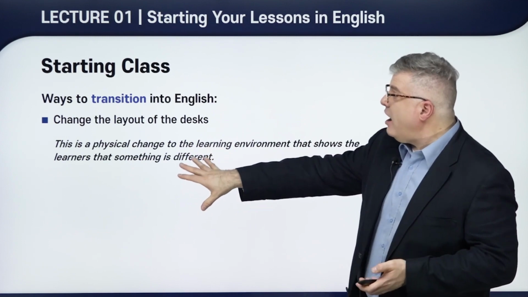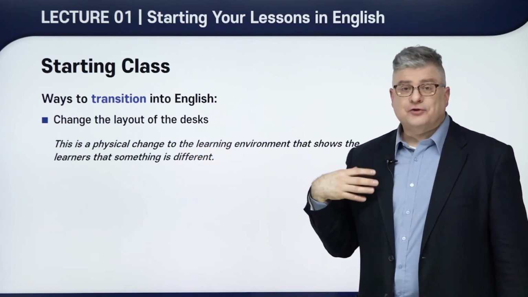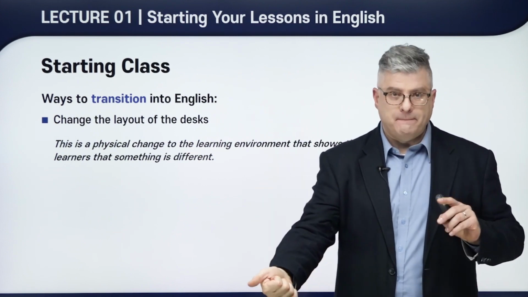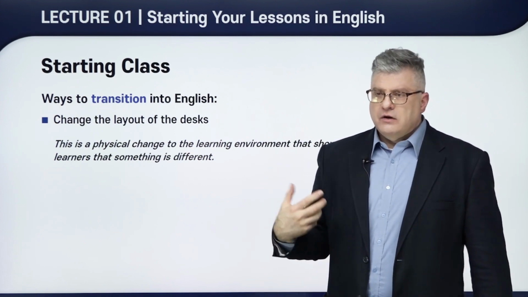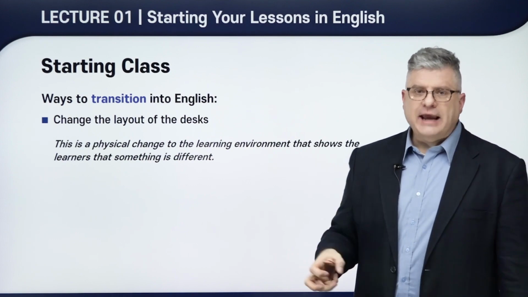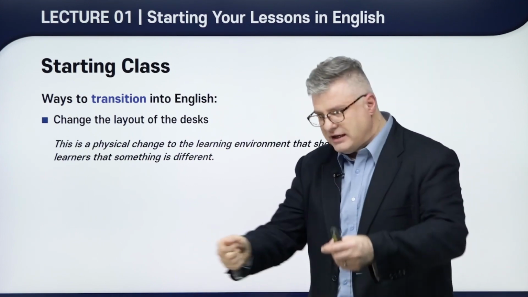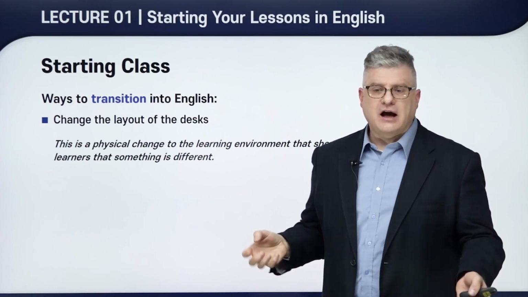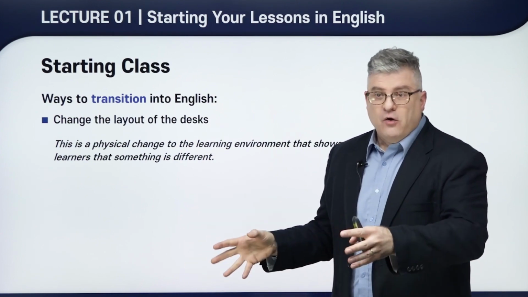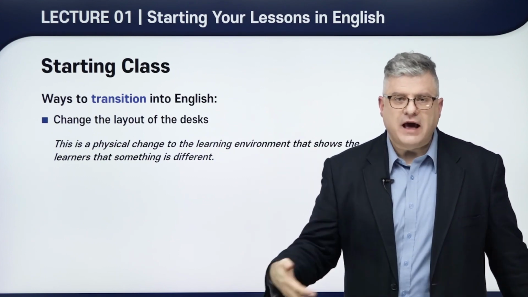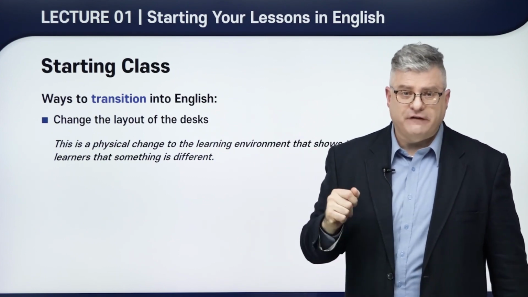So at the beginning of your English class, a good way to transition into English is to physically change the room. If you've got 20 kids, you can change the room physically very quickly. If you are doing it yourself, changing everything out, that takes time. But if you've got, okay, we're gonna get into, it's time for English class, get into groups of 4. Once you do that 3 or 4 times, it becomes very fast.